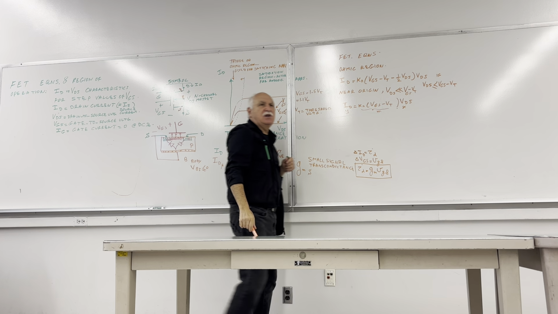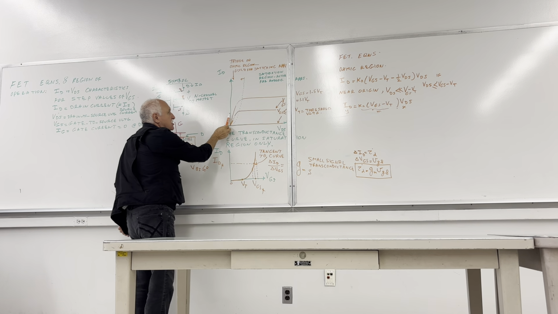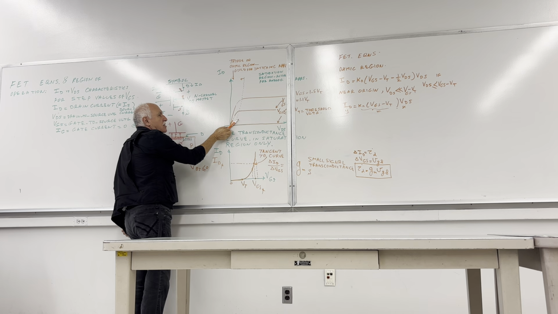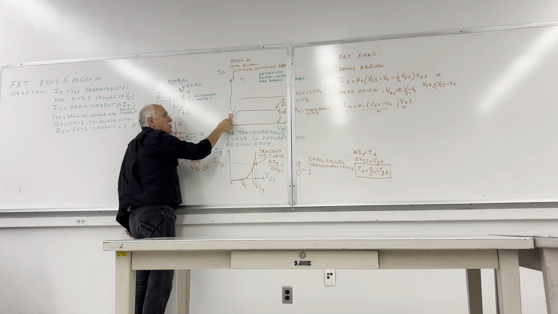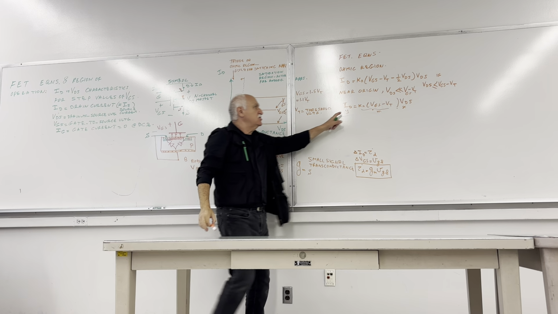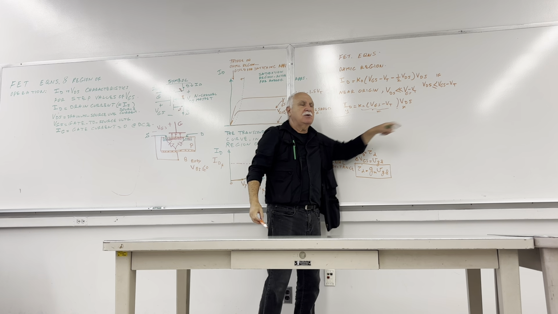Which line is that? It's these lines that extend out from the origin. They initially start linearly, a line passing through the origin.